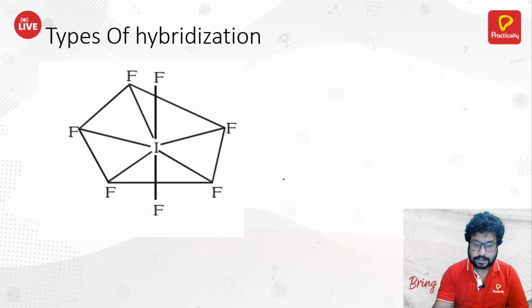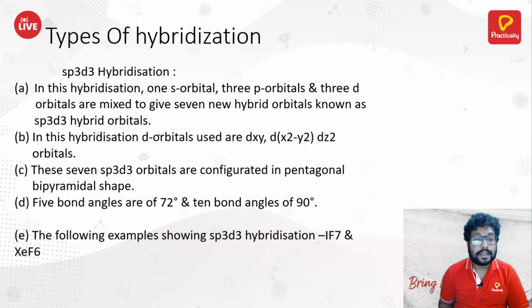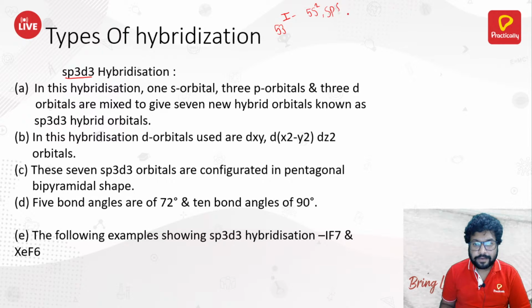Now last, sp3d3 hybridization. The last hybridization which we have is sp3d3. So this is for iodine. Atomic number of iodine is 53. So I would write 5s2 5p5 5d0.